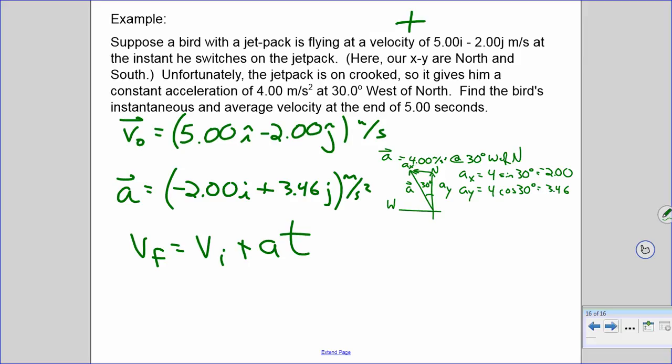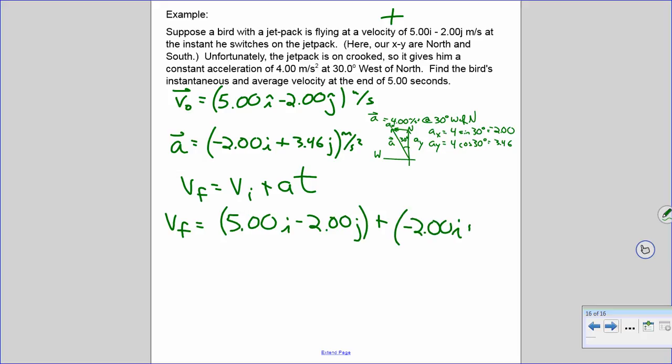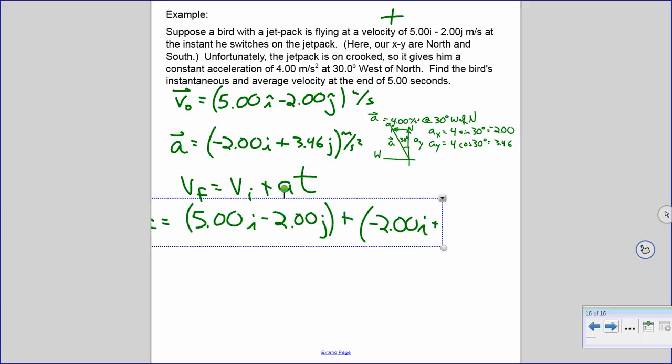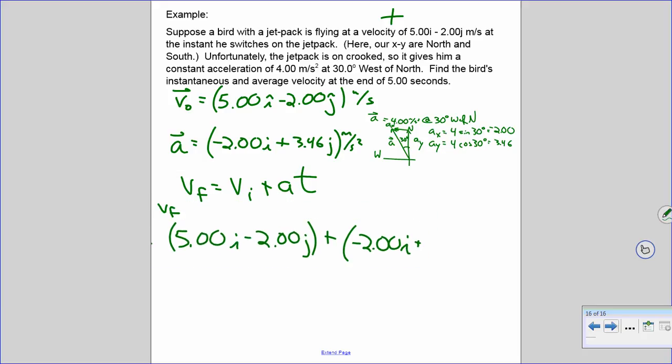Does that make sense? So that means my VF here is going to be, let's see, my initial velocity was 5.00i minus 2.00j, plus my acceleration, which is negative 2.00i plus 3.46j, times my time of 5 seconds, which is what Ethan just said a second ago.